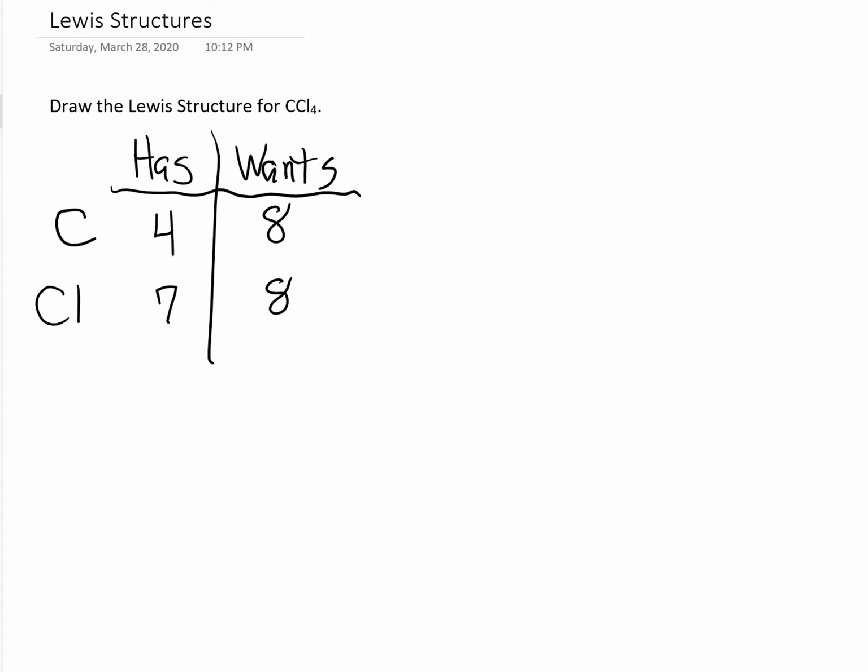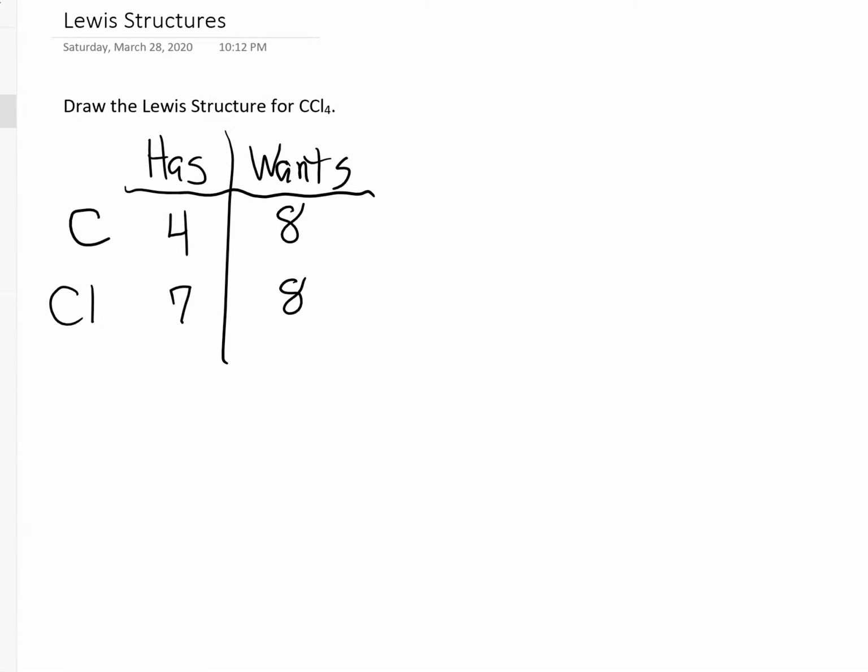So let's figure out how many electrons exactly we have. We've got 1 carbon, and we've got 4 chlorines we have to take into account. We would like to have 40 electrons, but reality is we've got 4 times 7, which is 28, 29, 30, 31, 32. 32 electrons to get the job done of 40.